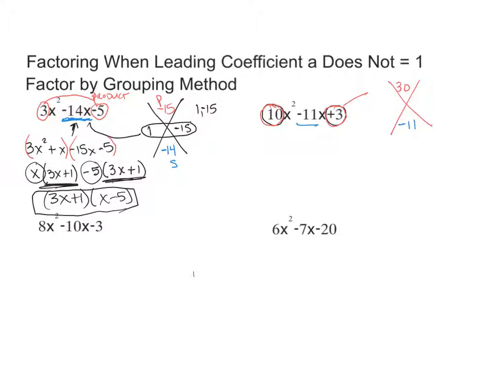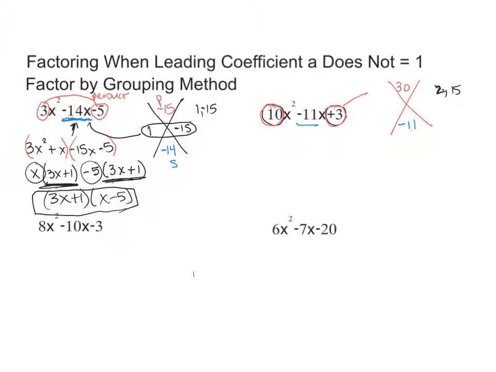Now, let's find two numbers that multiply to be 30 and add up to be negative 11. Well, you could start with 1 and 30, but you know that's not going to work. So let's try 2 and 15. Okay, 2 and 15. If I multiply those, does that work? Nope. I cannot add these to get the negative 11. So if we try 3 and 10, that's not going to work.